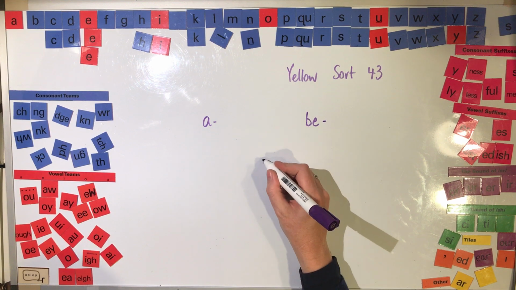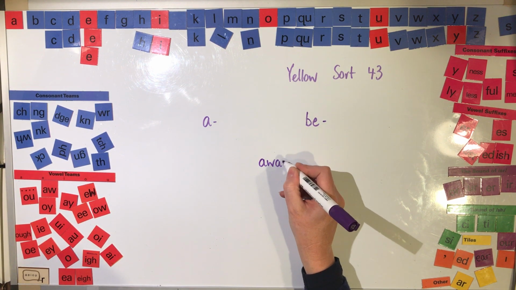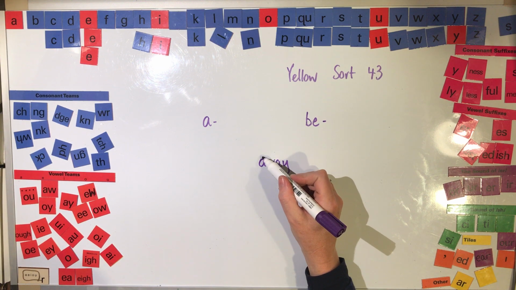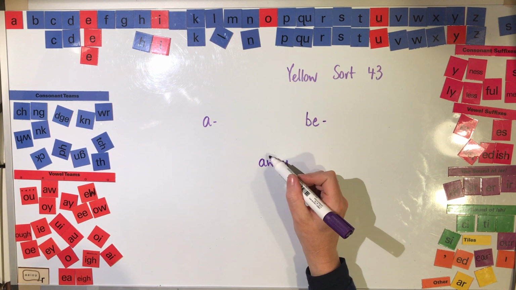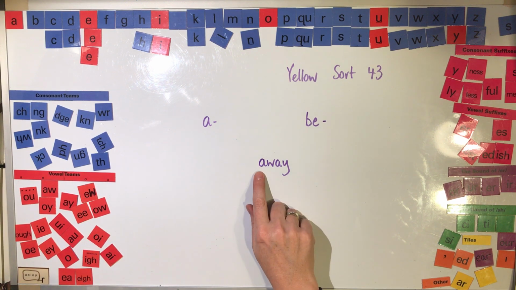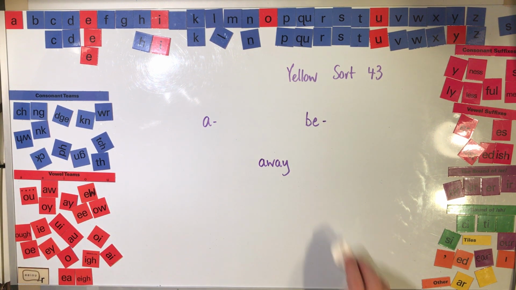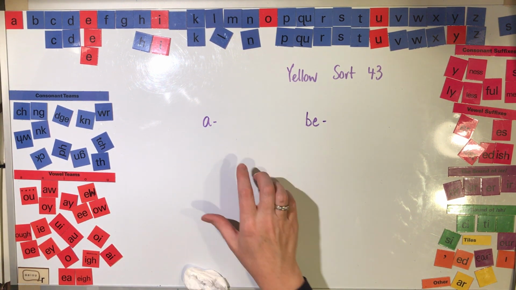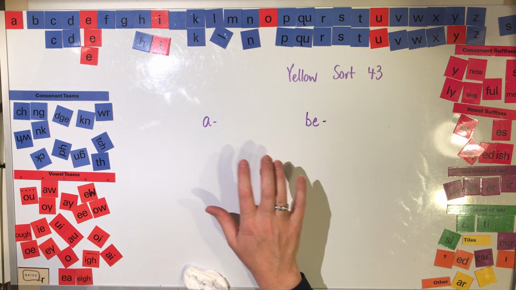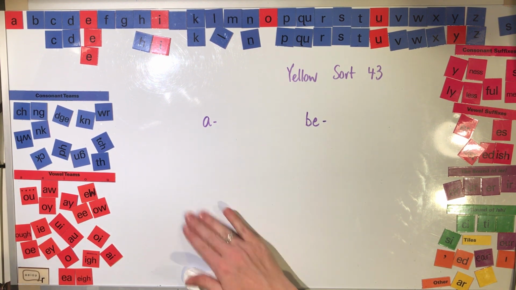I'll give you an example. One of the words is away. We don't say away. We don't even say away, away. We kind of say away. So A can actually say 5 different sounds in the English language. It can even sort of say an o and a.